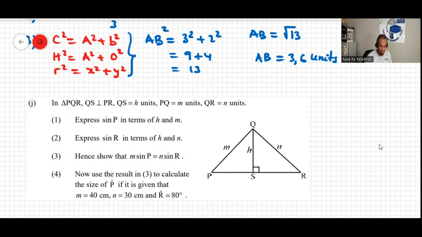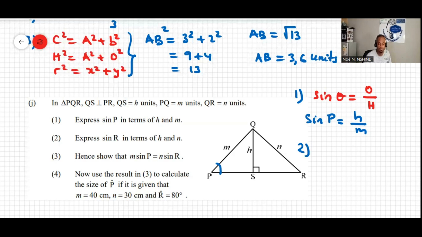Sine P, the angle P is there. We're looking for sine P in terms of H and N. We know that sine is given by opposite side over hypotenuse. So sine of P: opposite P is H, and hypotenuse is M. This is expressed in terms of H and M. Then question 2, express sine R in terms of H and N. Sine R, angle R is over here.